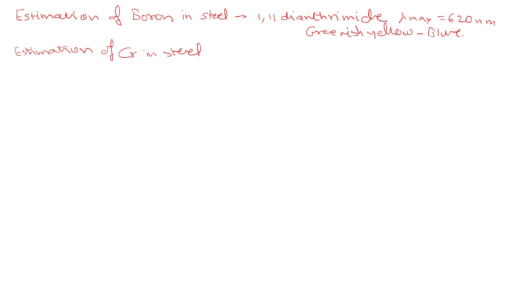How is it estimated? The chromium content in steel is oxidized by perchloric acid to dichromate. Small quantity of chromium is to be determined spectrophotometrically at lambda max, which is 545 nanometers, by using diphenyl carbazide.